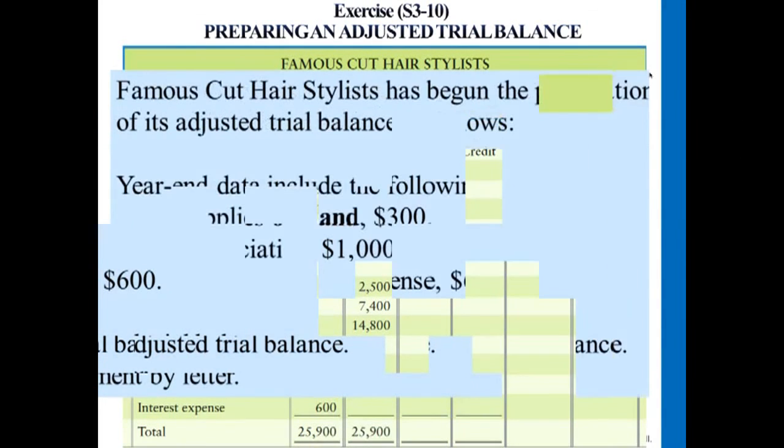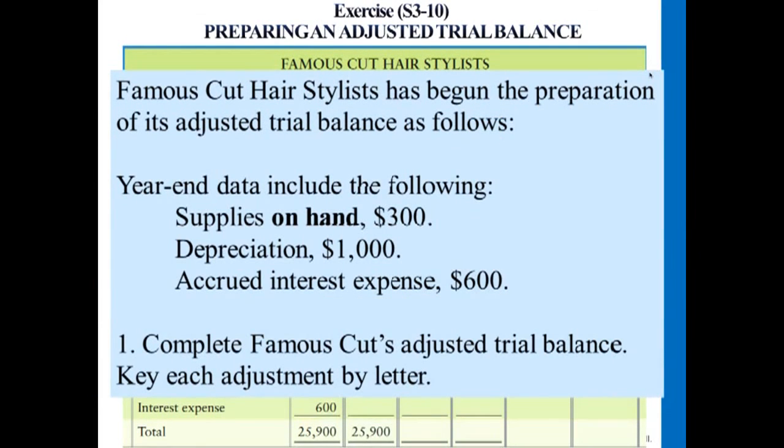Alright, for this problem here, it tells you that year-end data includes supplies on hand, $300, depreciation, accrued interest, $600. These are the only three entries that needs to be adjusted.